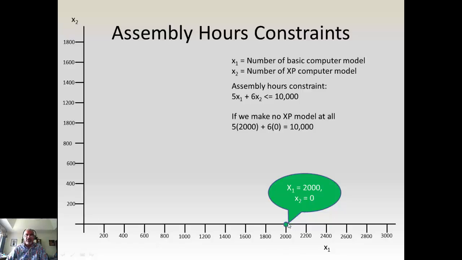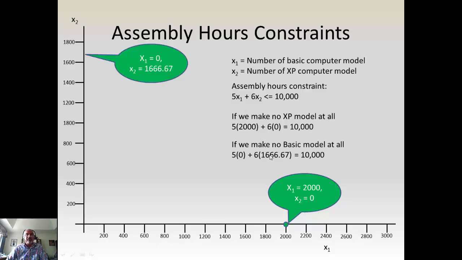So that represents 1 point. If you do the reverse, not producing any base model but producing only XP, that will be 1666.67 units of XP model. That will use up all of the 10,000.